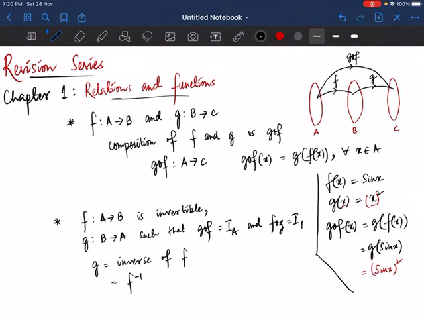You see the domain portion of g of f is A, so it is IA. The domain of g is what? B. So here it will be IB. So IA is the identity function of A, and IB is the identity function of B. So if g of f is IA and f of g is equal to IB, then we can say that the function is invertible.